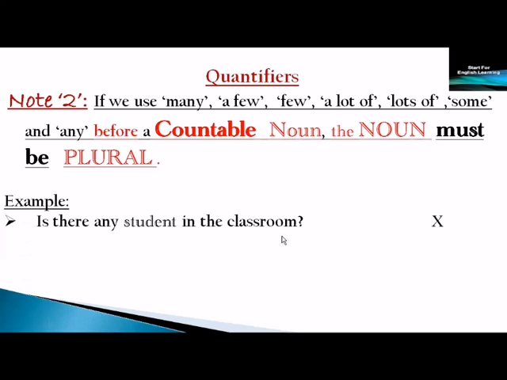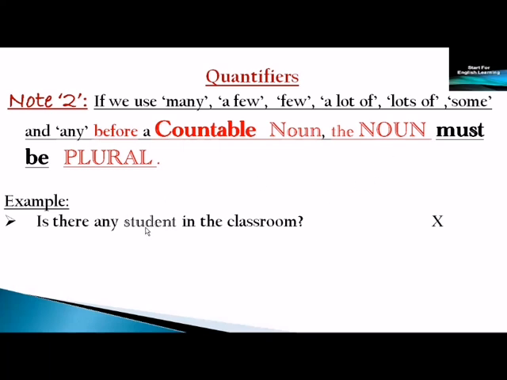Is there any student in the class? This is an incorrect form of the question. Why? Please read the note here. If we use many, a few, a lot of, lots of, some, and any before a countable noun, student is a countable noun.